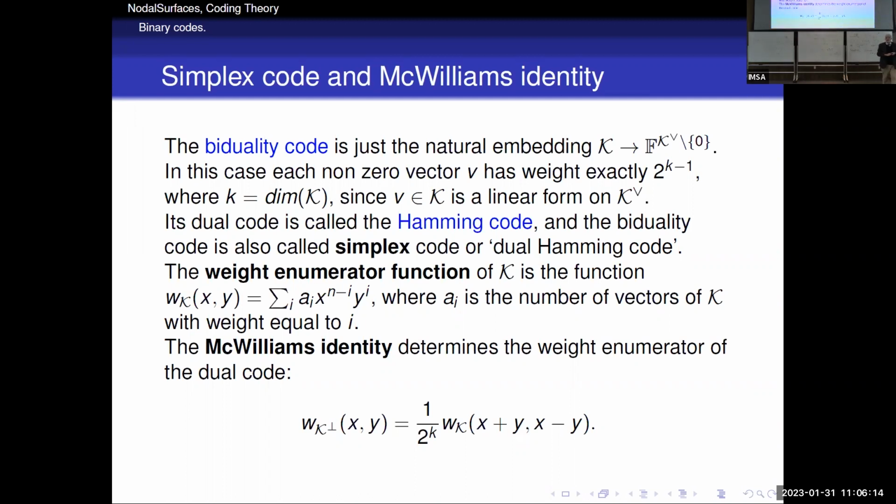Because if the dimension is k, you have 2 to the k elements, and the value of the linear functions is half of the time 0, and half of the time 1. So this is the biduality code, and it is also called the simplex code. And the dual of this is the Hamming code.